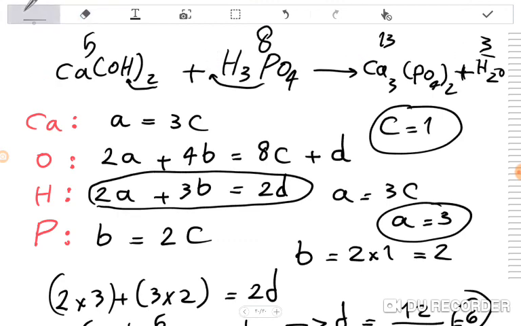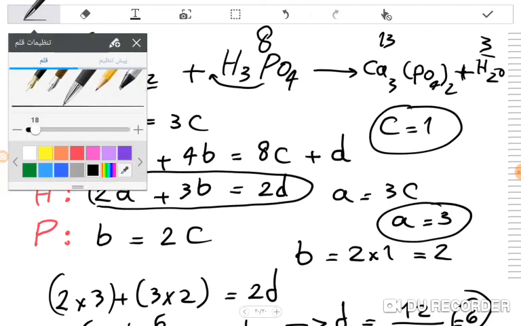Okay. Really, this technique is very, very good, and you can balance each equation, no problem.